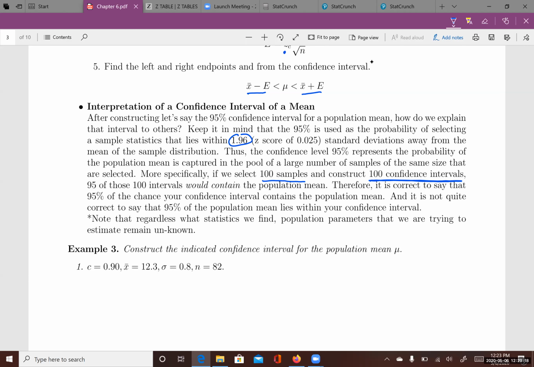We hope to be 95% confident that we capture the population mean, or 99% confident that we will capture it. But do we really know whether we captured the population mean? No, we don't. All right.